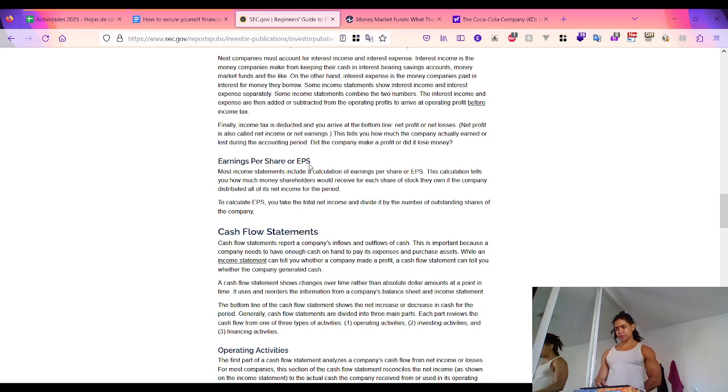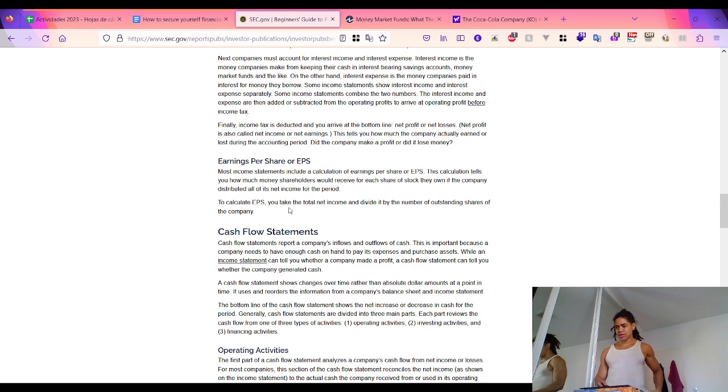Earnings per share, or EPS. Most income statements include a calculation of earnings per share. This calculation tells you how much money shareholders will receive for each share of stock they own if the company distributed all of its net income, or net earnings, for the period.